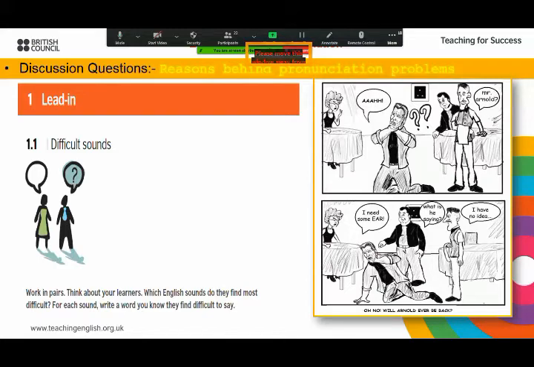For each sound, I want you to write a word you know they find difficult to say. Okay, so you have 5 minutes to do this.